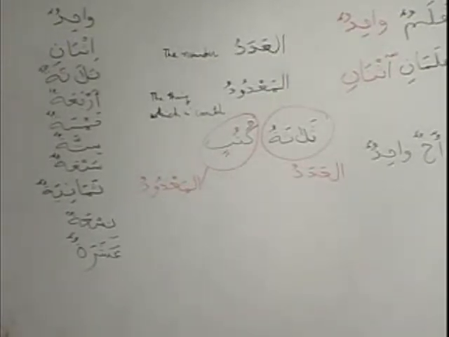So if I say to you, now we are counting pens, you will start with 3. What will you say? Salasatu aqlamin. So salasatu is mudaf. It cannot have al. It cannot have tanween. And then aqlamin, because it is mudaf ilayhi, majroor. Ready? Salasatu aqlamin.